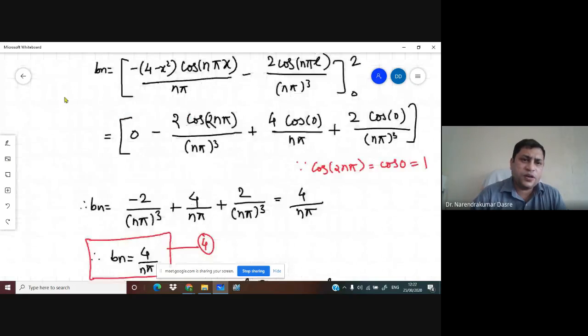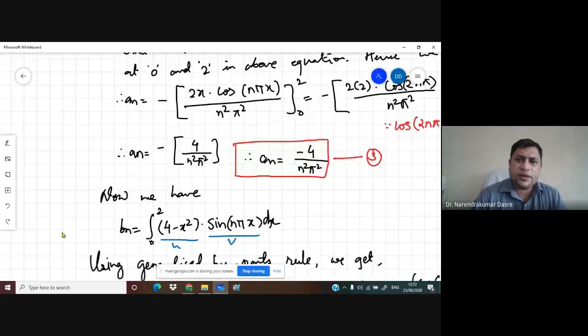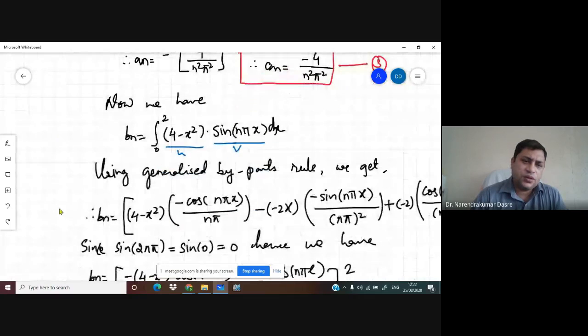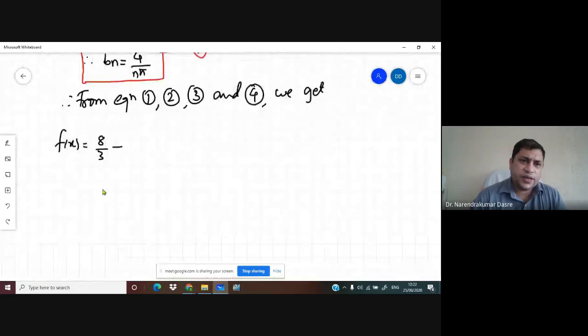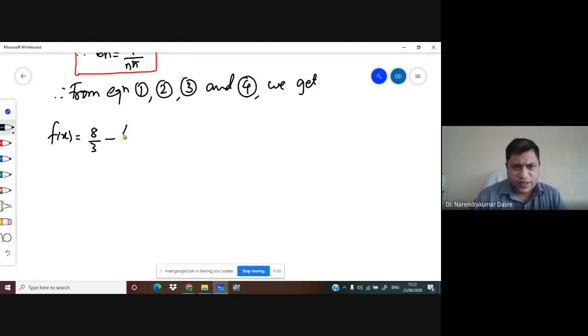So what is the value of an we have calculated? Minus 4 upon n square pi square. So this we can write as minus 4 upon pi square summation n running from 1 to infinity 1 upon n square.